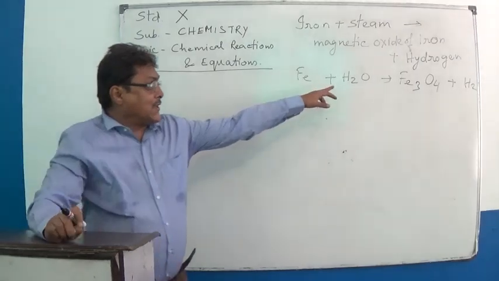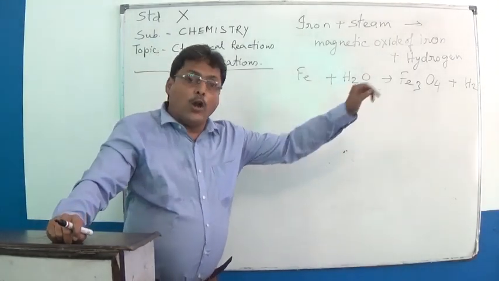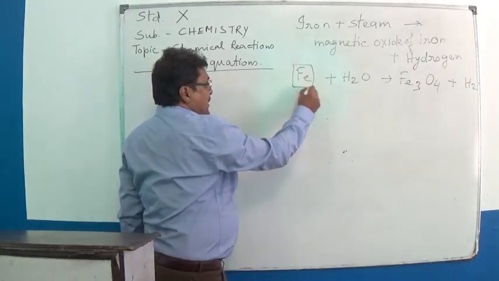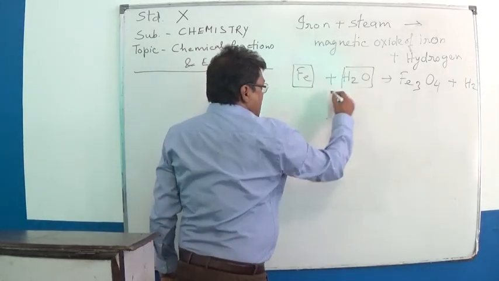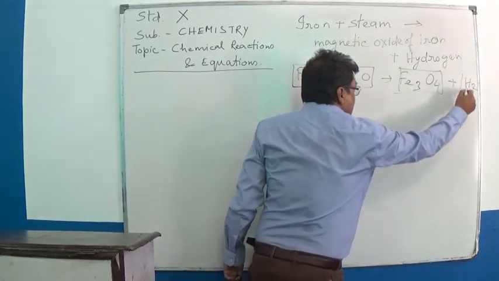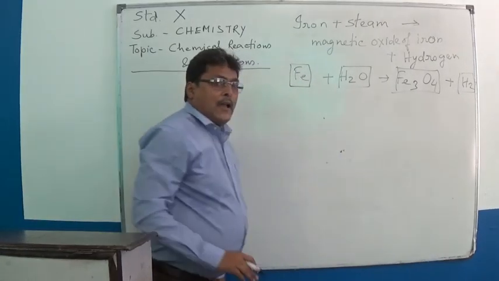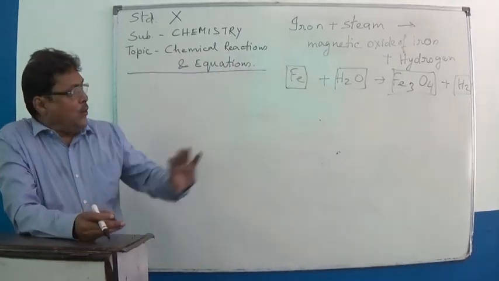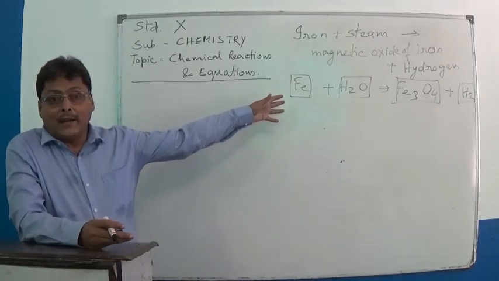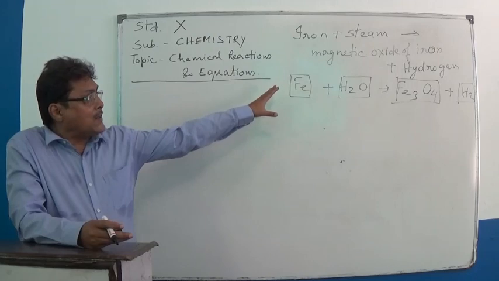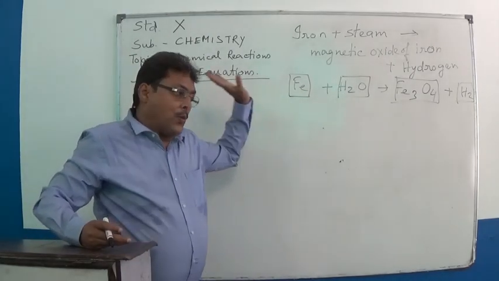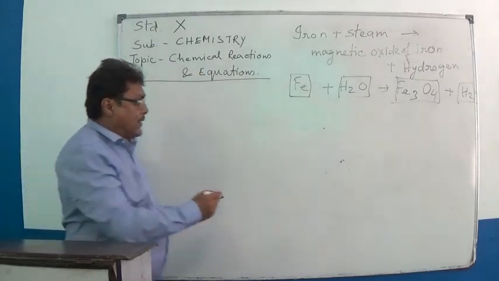We cannot change the subscript, we can change only the coefficient. So let us put each of these reactants and products in a box. This box will help you remember that when you put a coefficient before the box, it's like a bracket, and we must multiply all the atoms inside with that coefficient. Next we make a table.